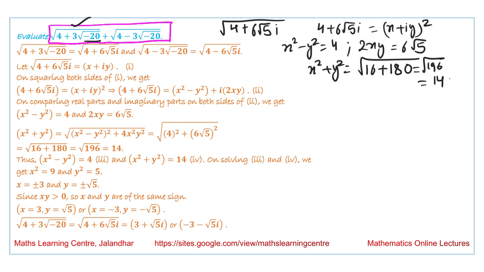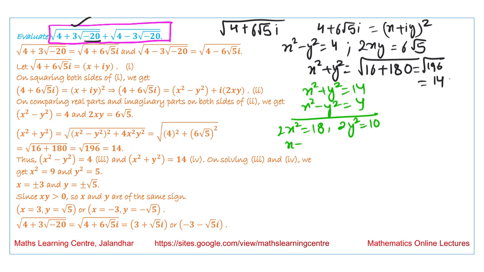So the two equations that we will have are x square plus y square is 14 and x square minus y square is 4. By adding these two, we get 2x square is 18 and 2y square is 10. So the values of x are plus minus 3, and the values of y are plus minus root 5.